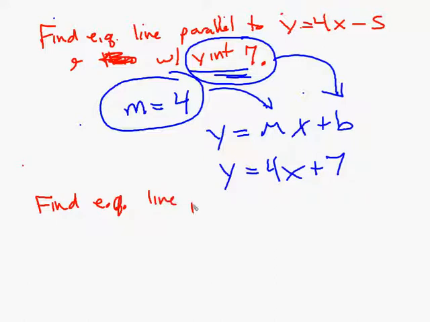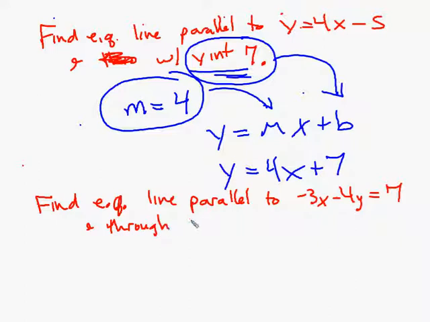Find the line parallel to negative 3x minus 4y equals 7 and through negative 3, 9. Okay? In order to find the equation of the line parallel, I need the slope.